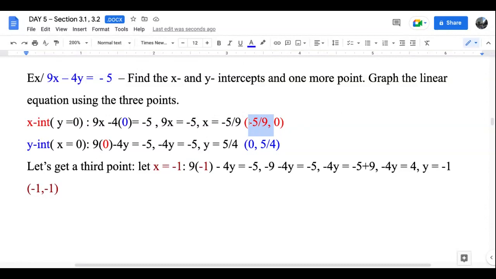But this is on the left-hand side of the origin, up from the origin. This one is in the third quadrant. Anyone has any questions?